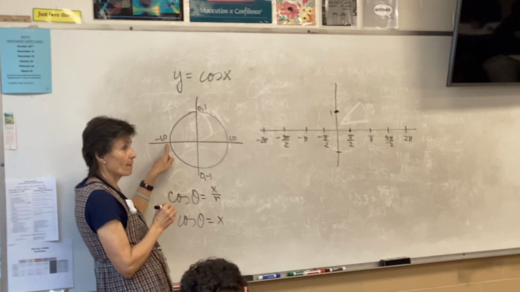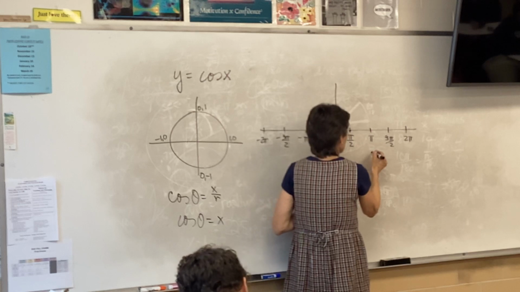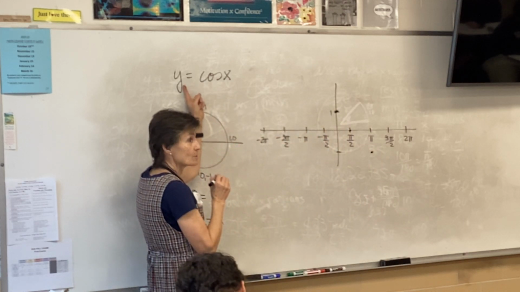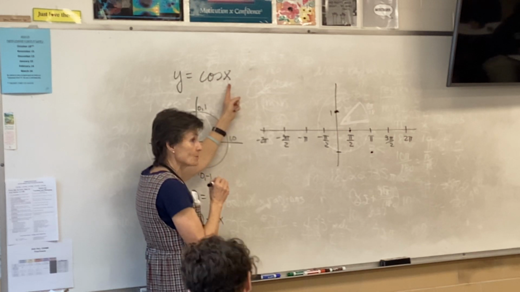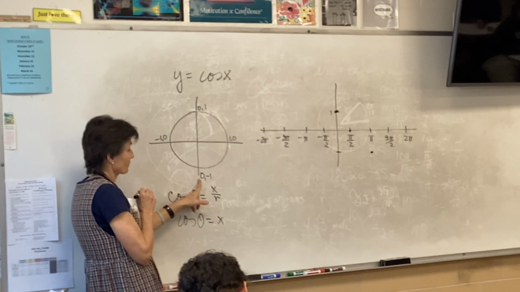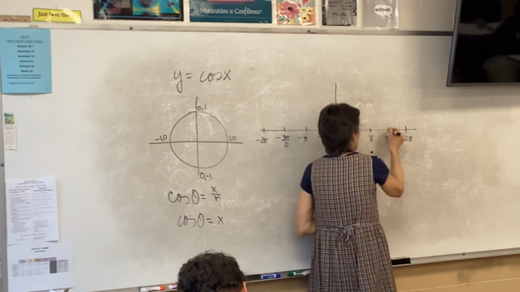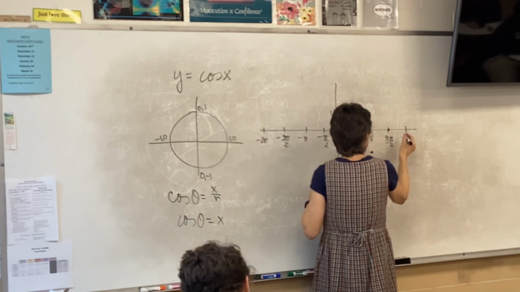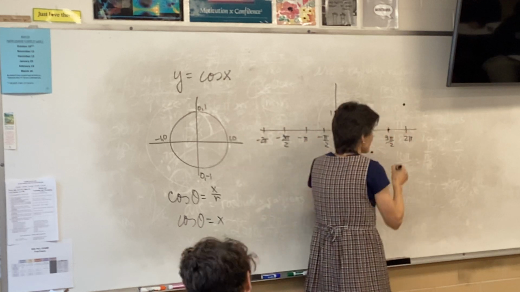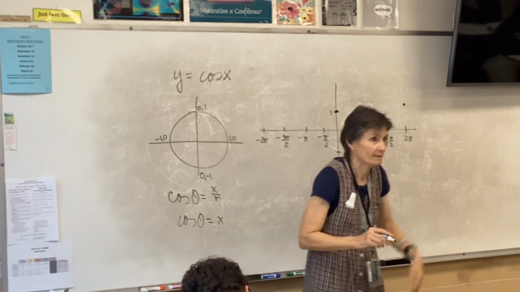What's your cosine at pi? -1. I'm plotting cosine values at certain angles. What happens at 3 pi over 2? What's my cosine? 0. And then at 2 pi, aren't I back where I was at 0? If I kept going, which I'm not going to, you would see that repeating.